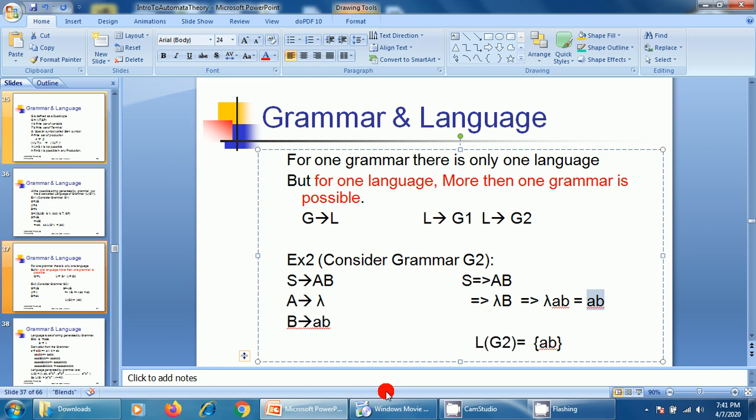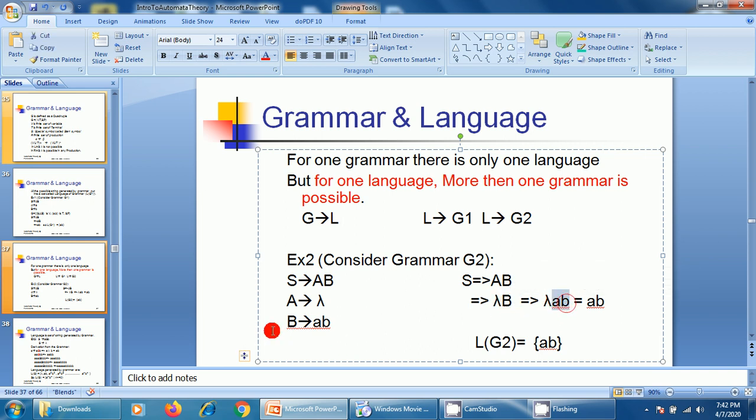First we'll see it using derivation. So take the first production, S tends to AB. Now we can put lambda in place of capital A, because it is given that A tends to lambda, which means in place of capital A we can write lambda. So put lambda in place of capital A. Now this is the first step, and this is the second step, lambda B. Now in place of capital B, can we write Ab?